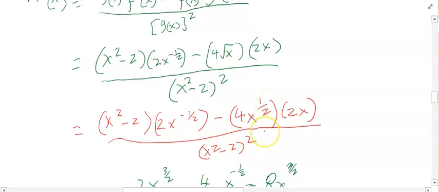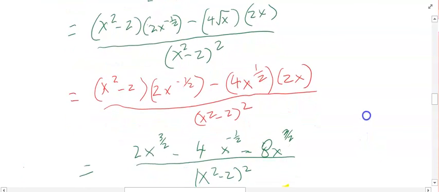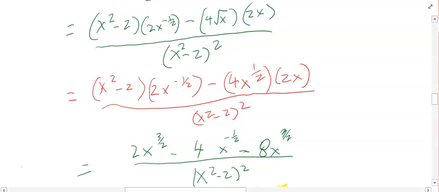Okay, we will not expand the denominator just yet. We're trying to expand the numerator first and see if anything can probably cancel out or come together nicely.